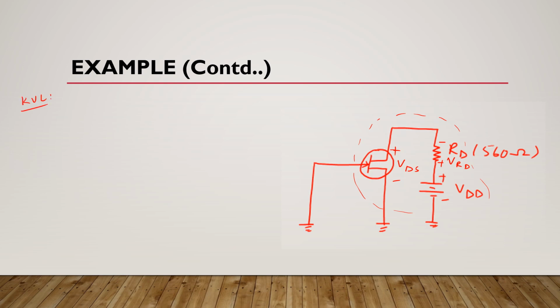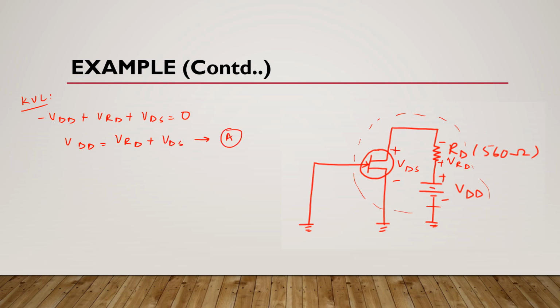We start from this point. It is minus VDD plus VRD plus VDS is equal to 0. If we rearrange this equation, we get VDD is equal to VRD plus VDS. We call this equation A.